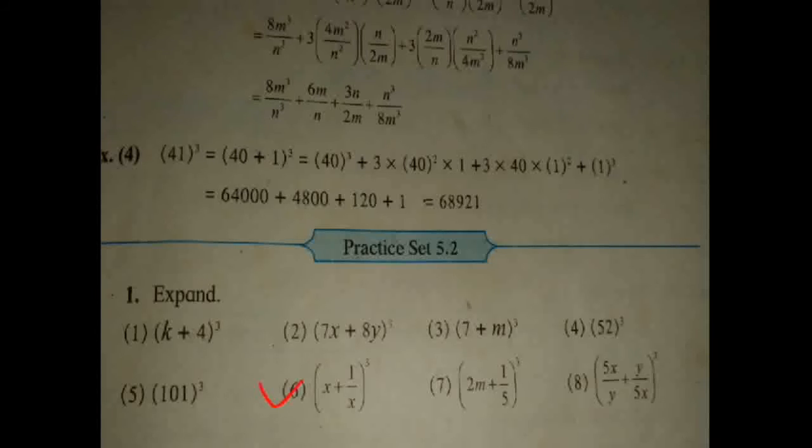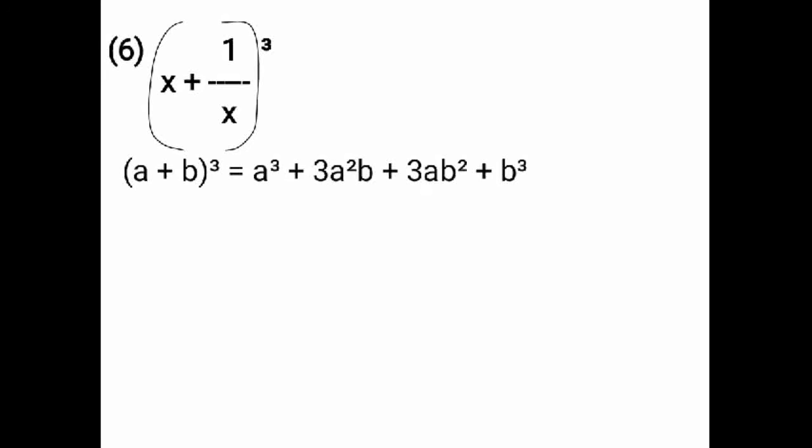Next, x plus 1 upon x whole cube. A plus B the whole cube is equal to A cube plus 3A square B plus 3AB square plus B cube. In place of A, you have to take x. In place of B, you have to take 1 upon x. And then you have to write it in this form and then solve it.